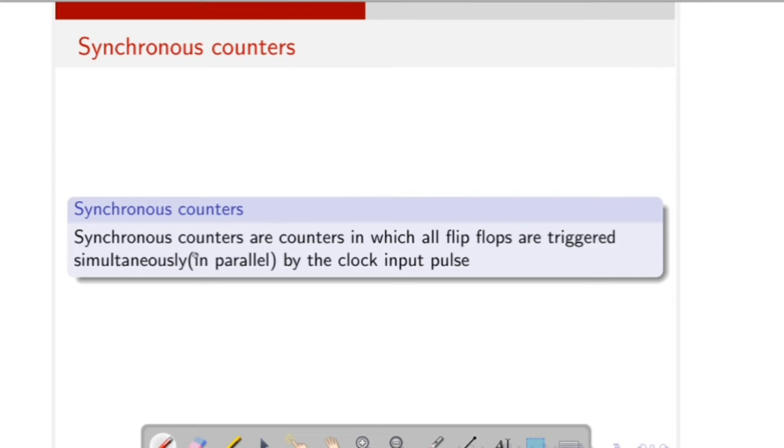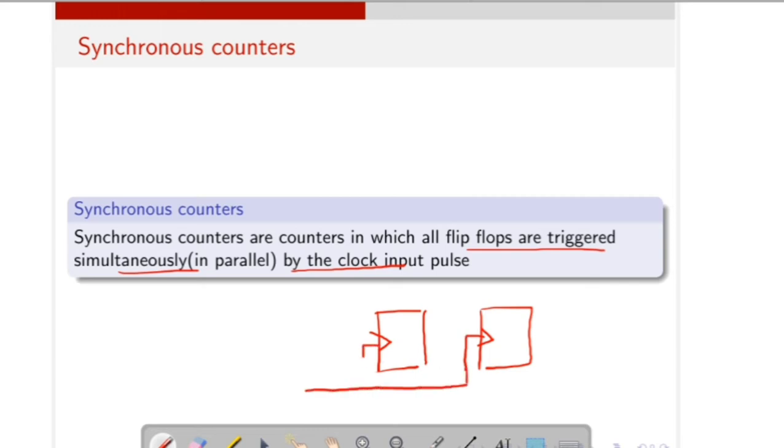In synchronous counters, flip-flops are triggered simultaneously, or in parallel, by the clock input pulse. That means we apply the clock simultaneously to all the flip-flops. Suppose we have a 2-bit counter, then it has 2 flip-flops, and we apply the clock pulse simultaneously to both the flip-flops like this.